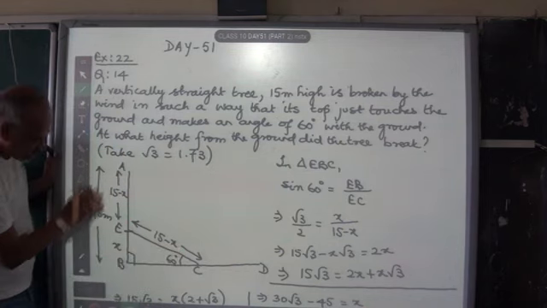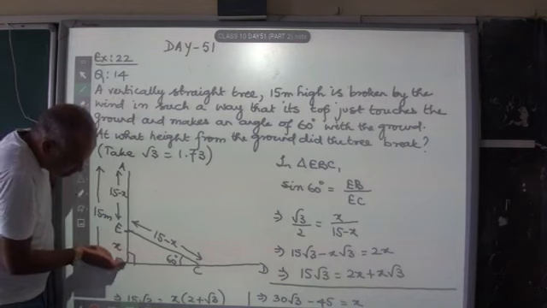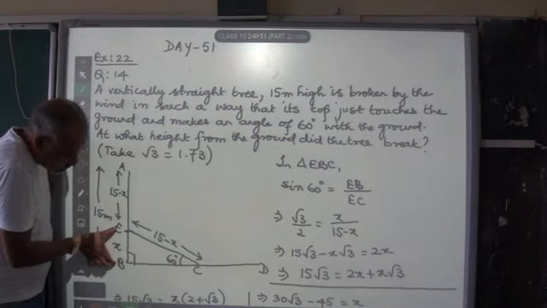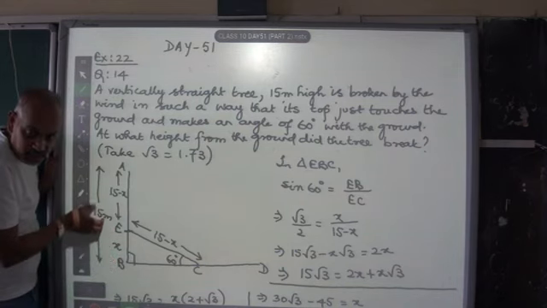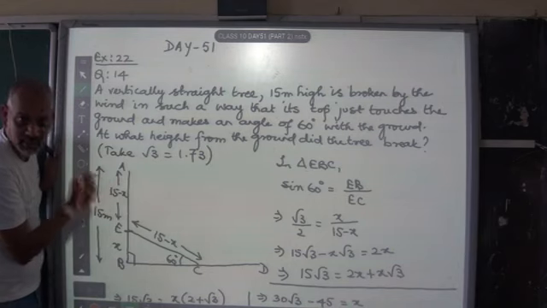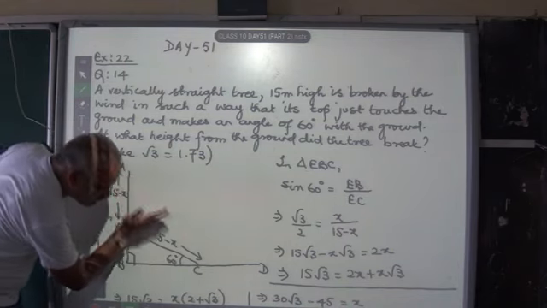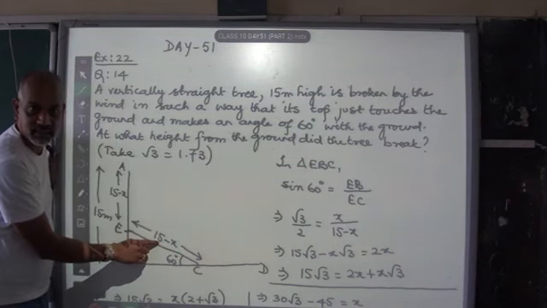So what I have done here is, the whole length is 15 meter. So I assume that from the ground to where it broke, the distance is x. Because the whole length is 15 and this much is x, the remaining portion is 15 minus x. So this 15 minus x comes down here. So this length is also 15 minus x.